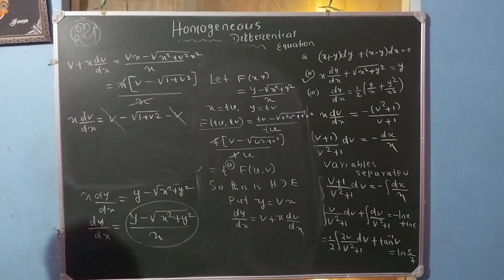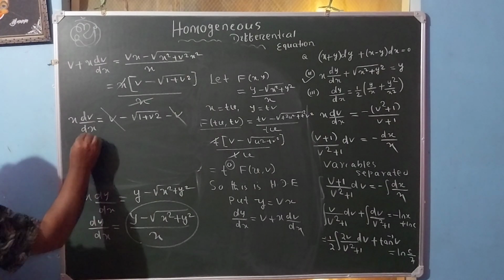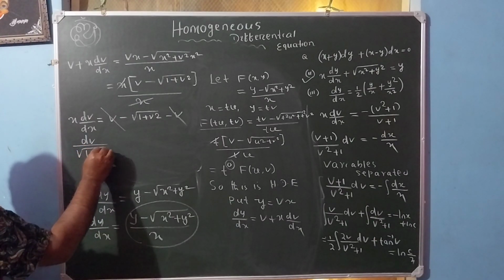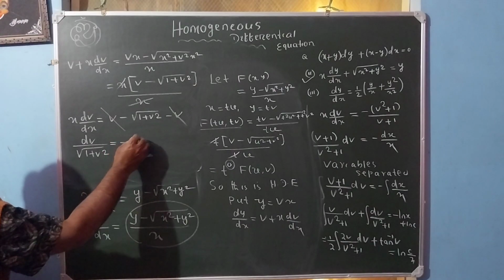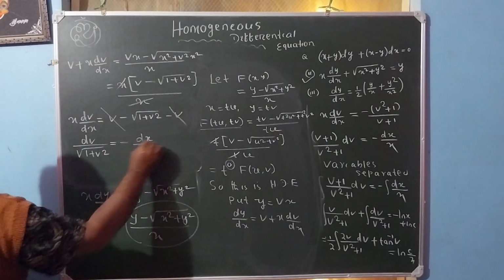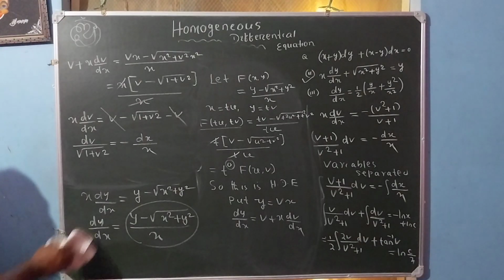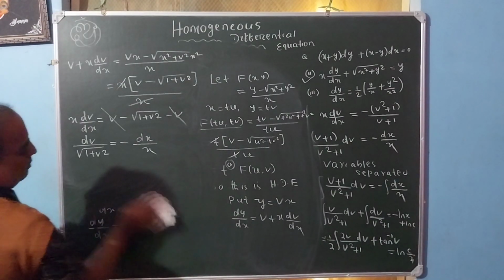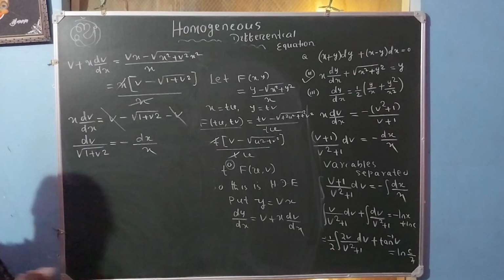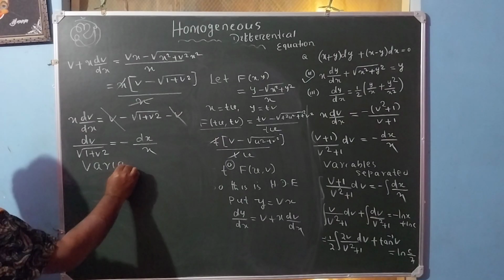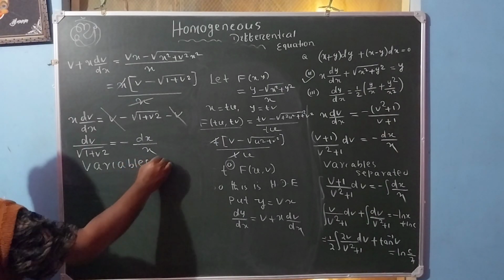Now separating the variables: dv by root of 1 plus v square is equal to minus dx by x. So the variables are separated.